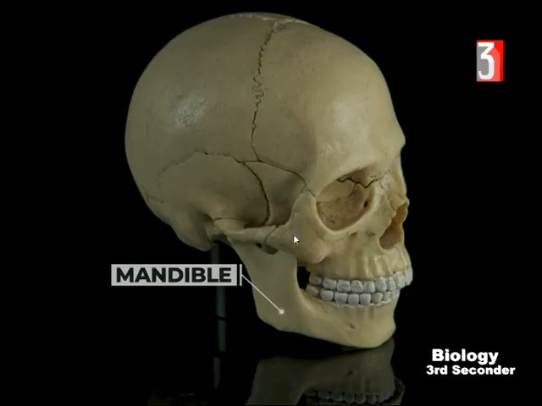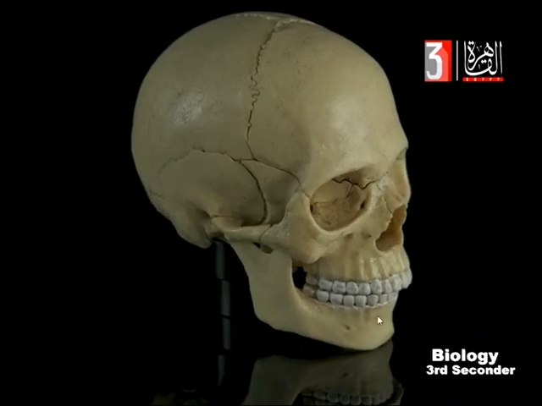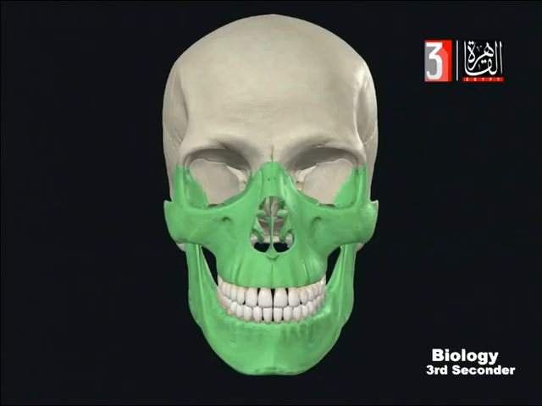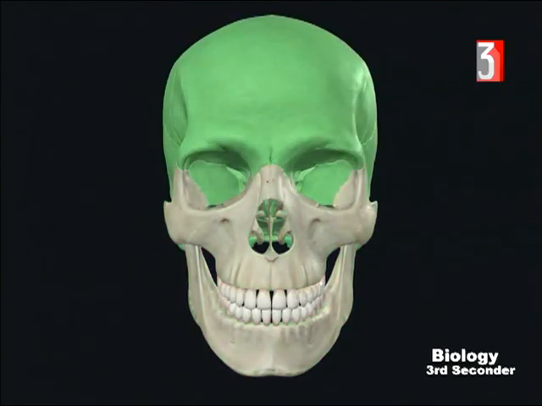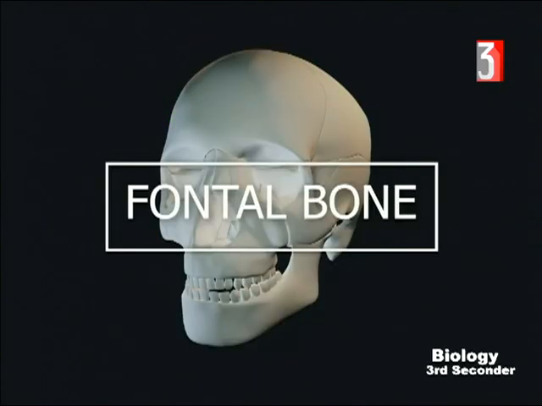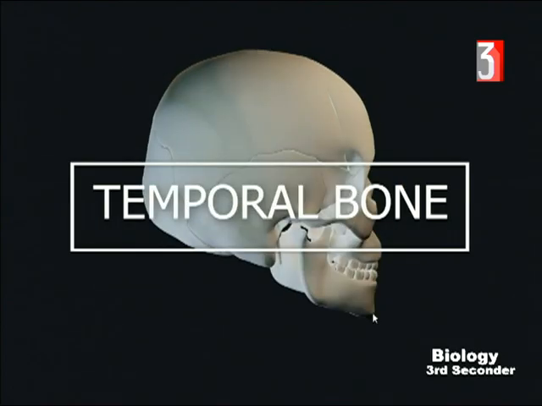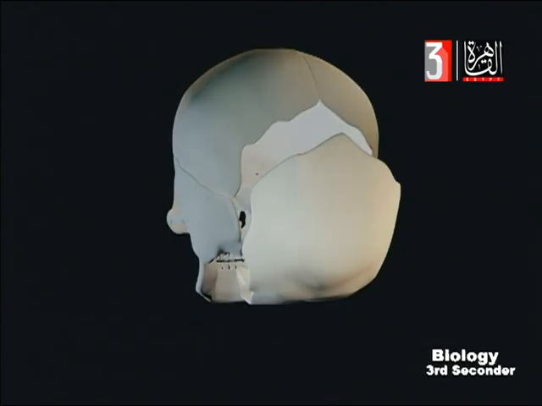The lower jaw is the movable jaw, and this is the position of the sense organs: eyes, nose, ears. This is the facial or anterior part. This is the posterior part, which contains the brain to protect it.